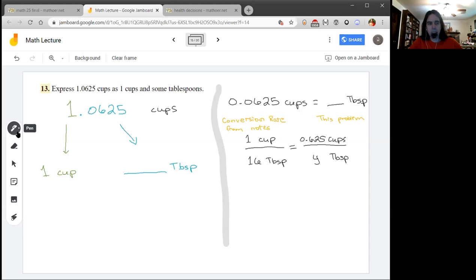Then I can cross multiply. Y times 1 is 16 times 0.0625. Oops, I wrote things wrong up here. One moment. I think I said it right out loud, but I certainly wrote it wrong.